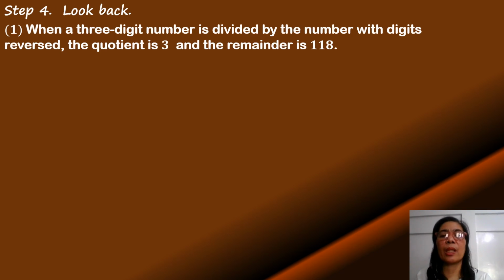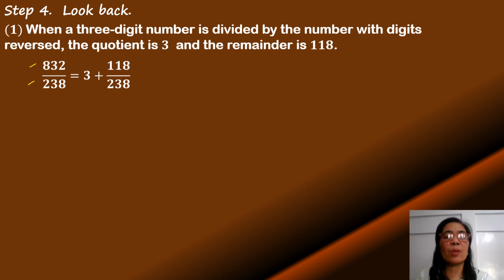Last step of our solution is to look back, or we're going to check if the values that we obtained satisfy the given conditions. The first condition is that the three-digit number, when it is divided by the number with digits reversed, the quotient is 3 and the remainder is 118. So this is the number that we obtained, 832. And when we reverse the digits, it gives us 238. So we try to check if 832 divided by 238 is really equal to 3 plus 118 over 238.